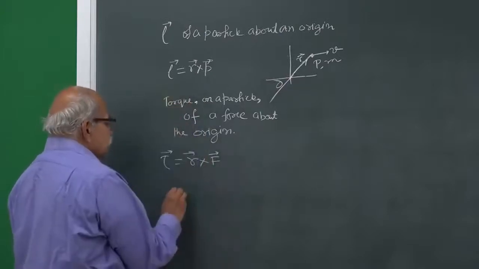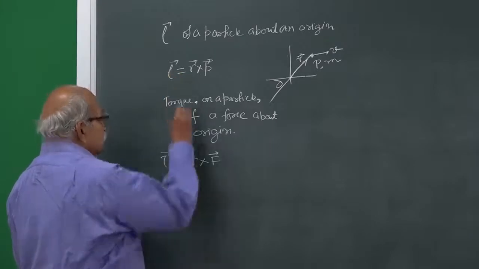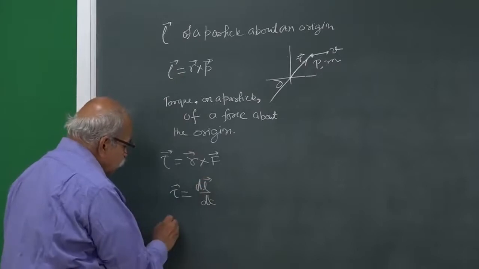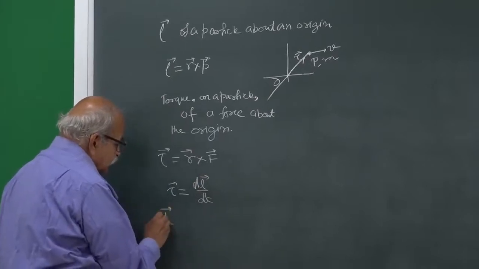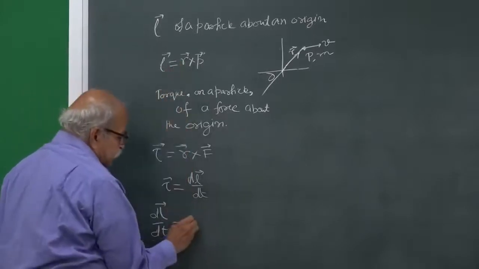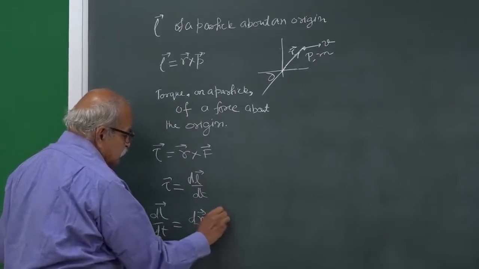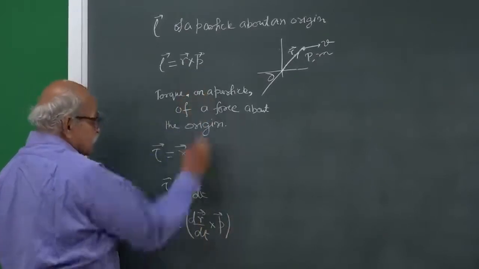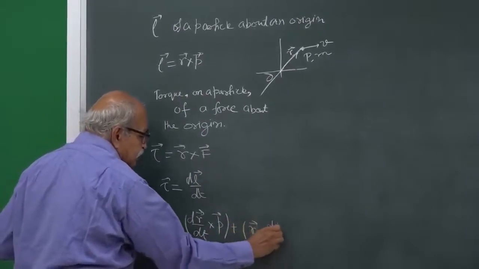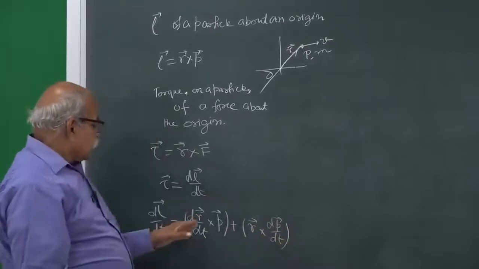And then you have a very simple relation that torque is equal to dL/dt. Simple. L you know, so dL/dt, if you do it, will be differentiation of the first function cross the second function as such, and then the first function as such cross the differentiation of the second vector.